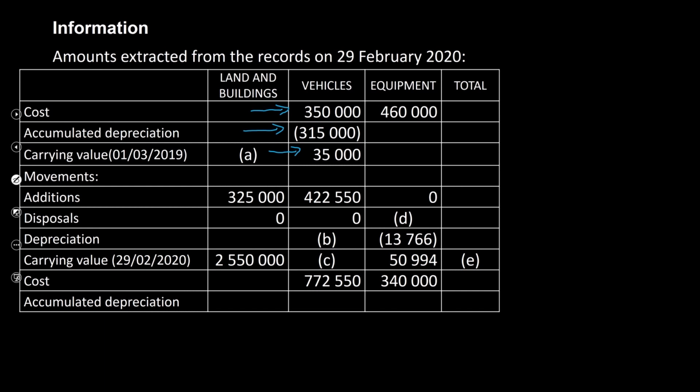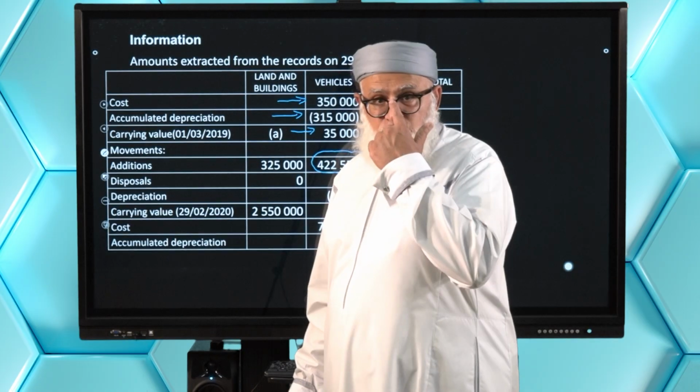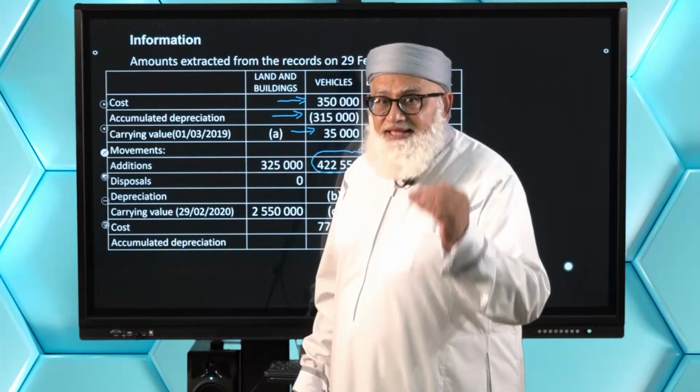So the carrying value at the beginning of the year on my old vehicles would be 35,000 Rand. I can also see from my information that I had purchased an asset to the value of 422,550. That was a new vehicle that was purchased during the year.